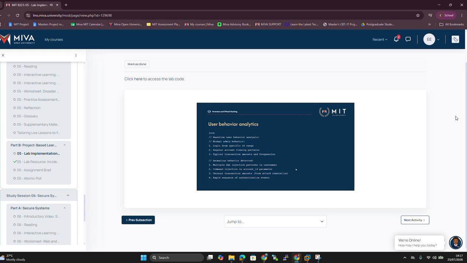Then looking at user behavior analytics, it is also possible to manually identify or analyze the behavior of the attacker once you know how each attack behaves.